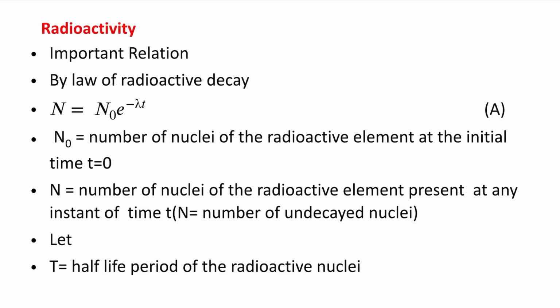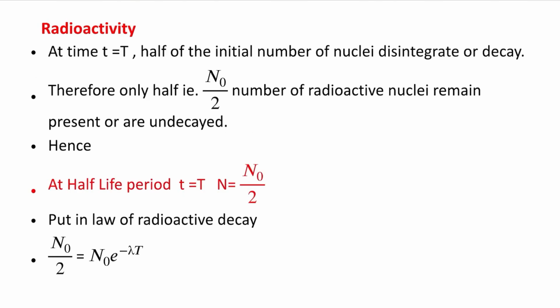Now let capital T denote the half-life period of that particular radioactive nuclei. At time t equal to half-life period capital T, what happens? Half of the initial number of nuclei disintegrate or decay.